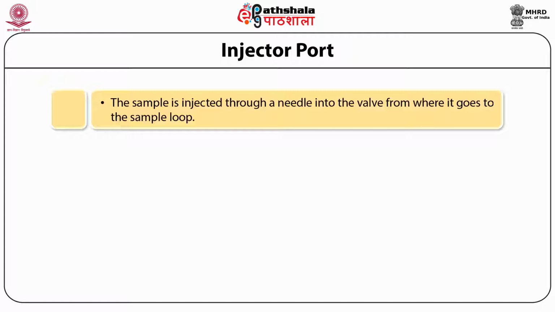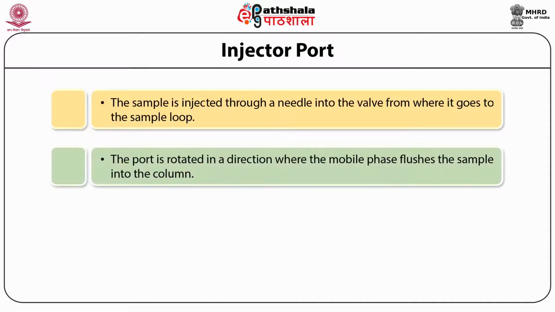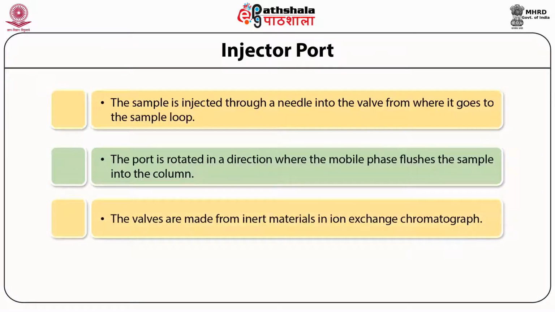This valve is known as the injector port. The port is then rotated in a direction where the mobile phase combines with the sample and flushes the sample into the column. The valves are made from inert materials in ion exchange chromatography.